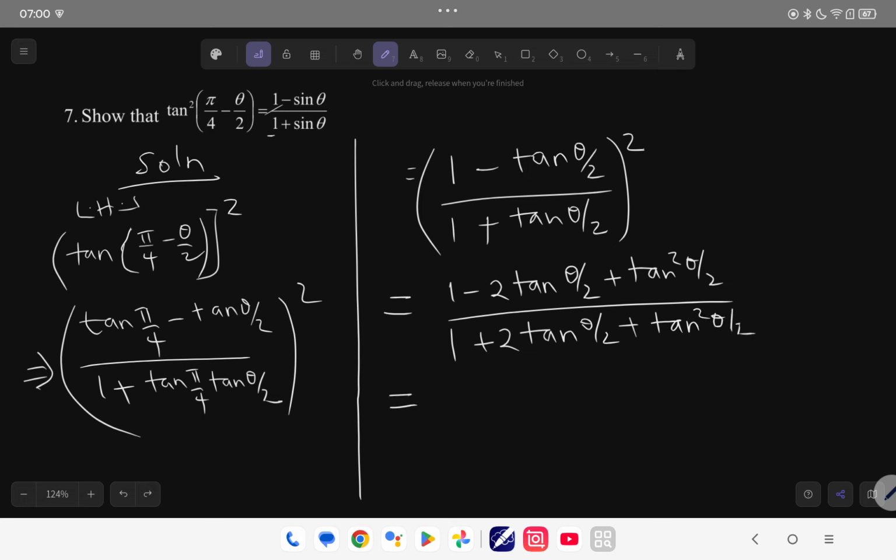1 plus tan squared theta over 2 is sec squared theta over 2.